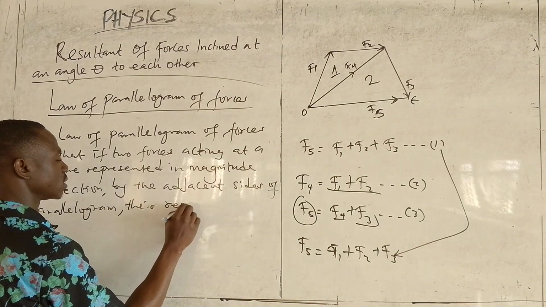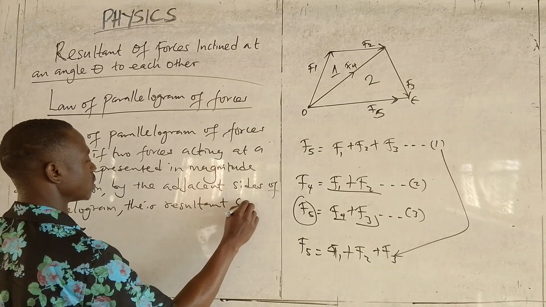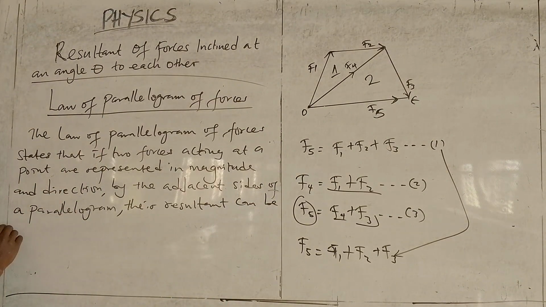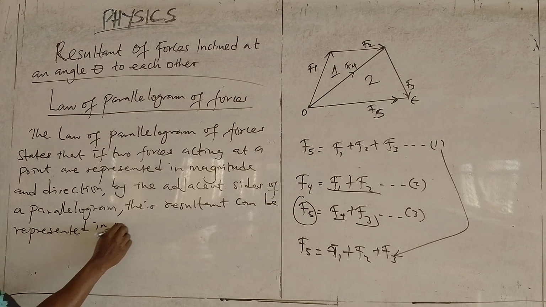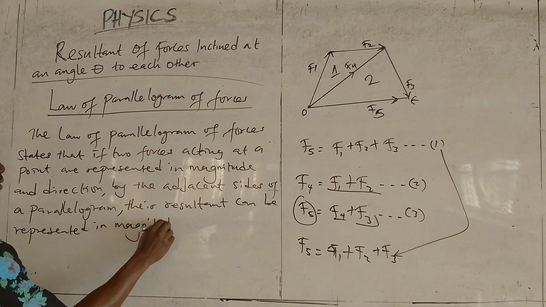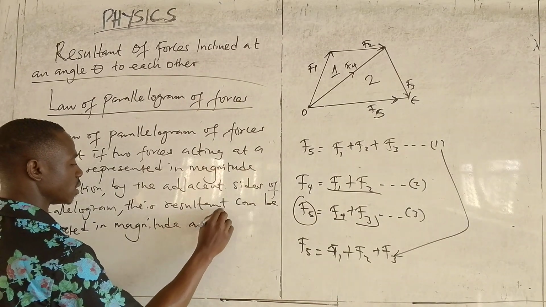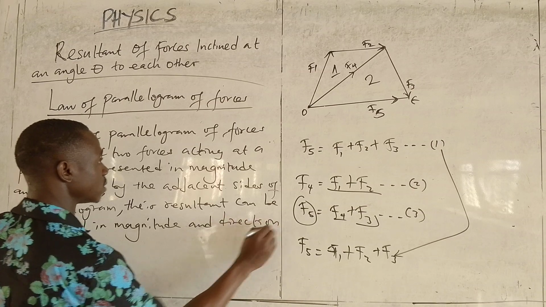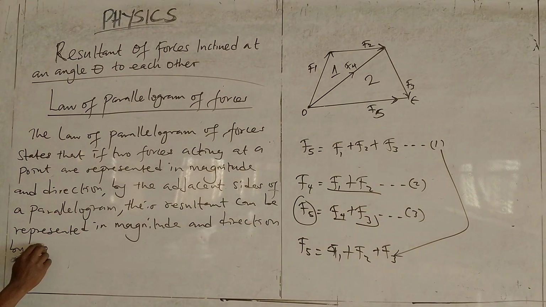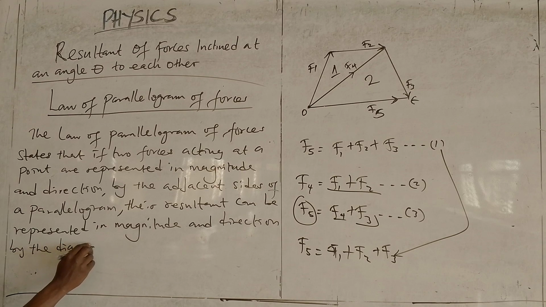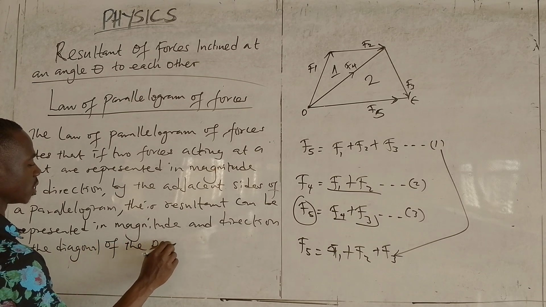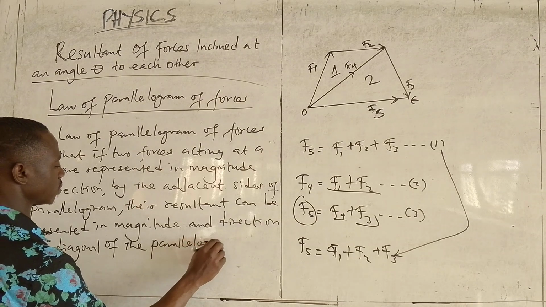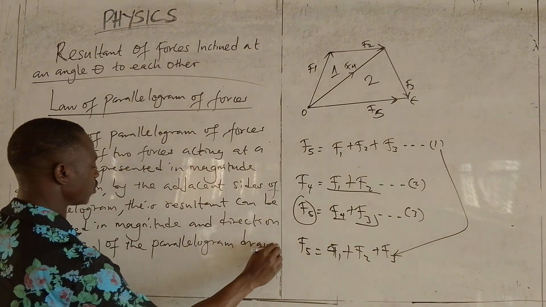The resultant can also be represented in magnitude and direction by the diagonal of the parallelogram drawn from that point.